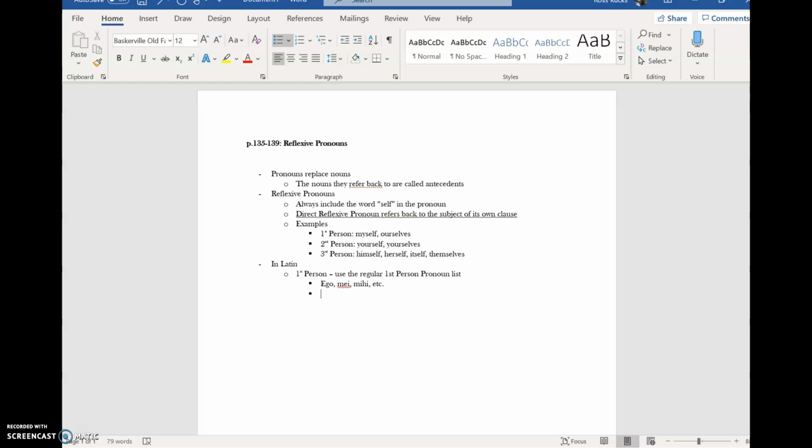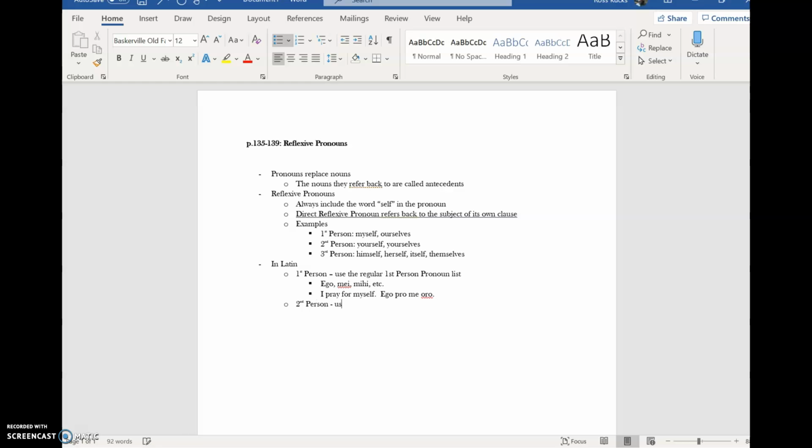An example of this would be if you were going to say, for example, I pray for myself. You would have ego for the I, and then pro, and you would just use pro me, oro. So ego, pro me, oro. So it looks like it's saying I pray for me, but the way that we would actually translate that is I pray for myself.